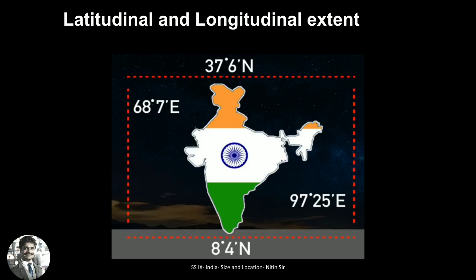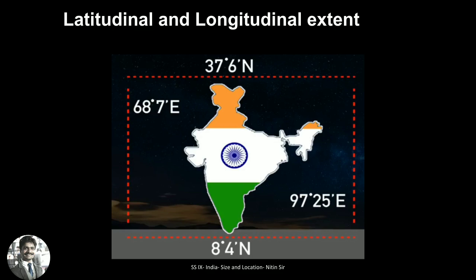Next, the latitudinal and longitudinal extent of India. In this slide you can see there are dotted lines. India stretches its area from east to west from 68 degrees 7 minutes east to 97 degrees 25 minutes east.